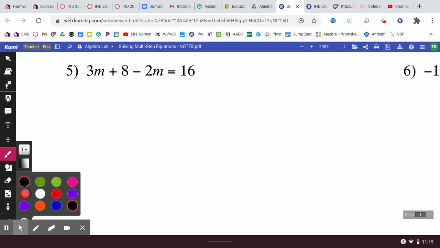And again, we have 3m and negative 2m already together on the same side of the equation. So all we're going to do is rewrite those as 1m. So 3m minus 2m is like saying 3 apples minus 2 apples is just simply 1 apple. So you just rewrite it as 1m. And then we didn't do anything with that plus 8 equals 16, so I'm going to leave it.